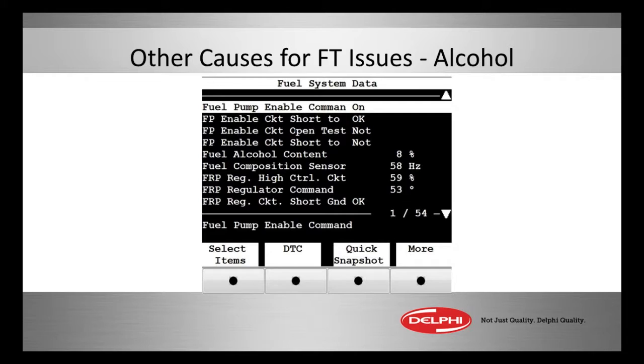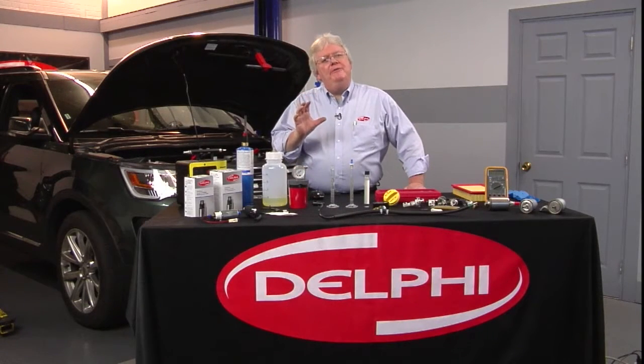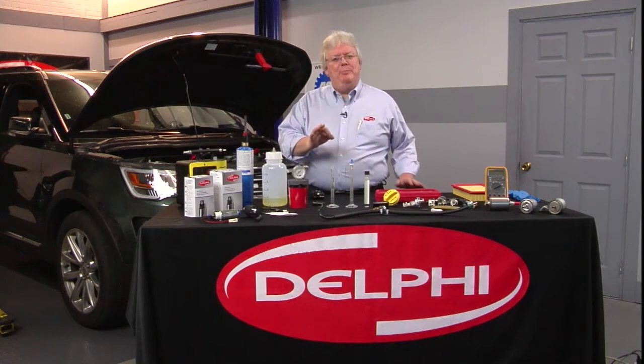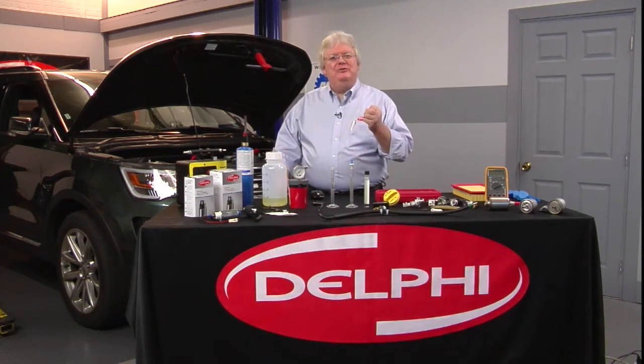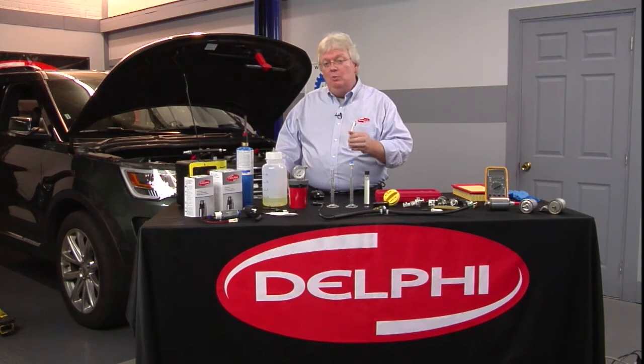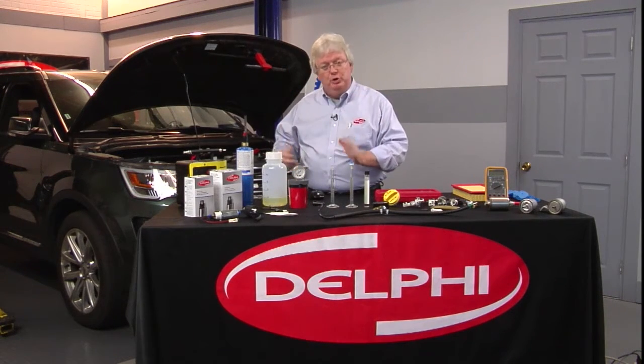Fuel volatility, fuel contamination, and alcohol content have always been moving targets for drivability, for both cold start and fuel trim issues, from the very beginning, from carburetor days up till now with gas direct injection, sequential, you name it.